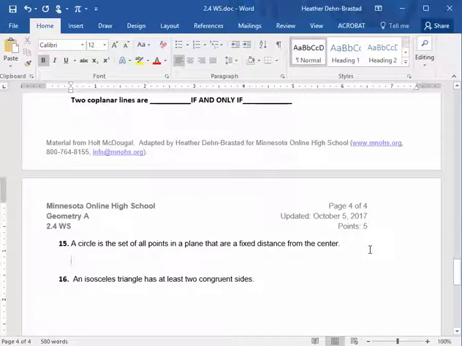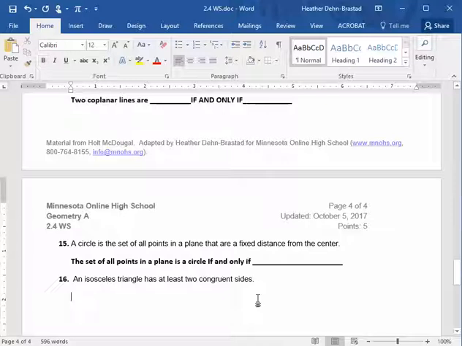So I'm going to start this one with the set of all points in a plane is a circle if and only if, spell that right, and then you'll finish it up with the rest of the information that's there.